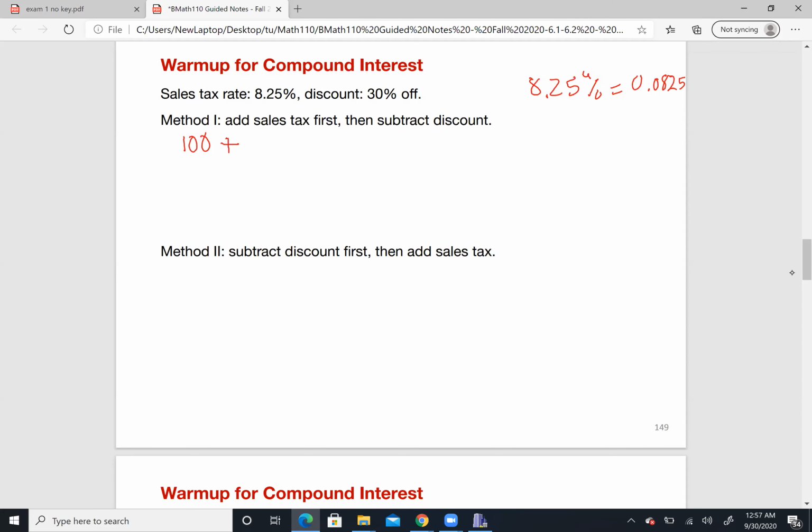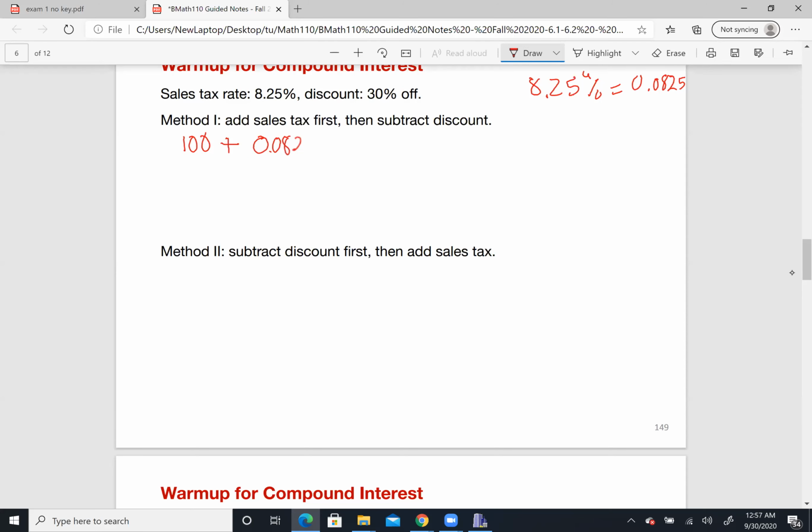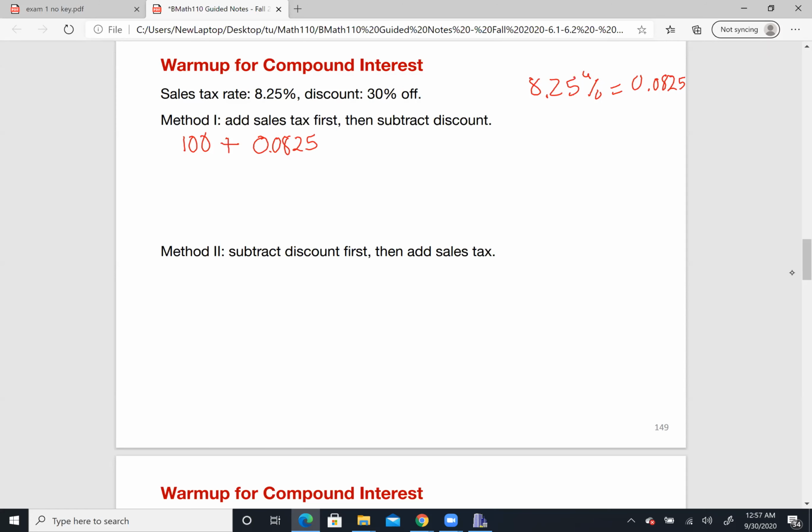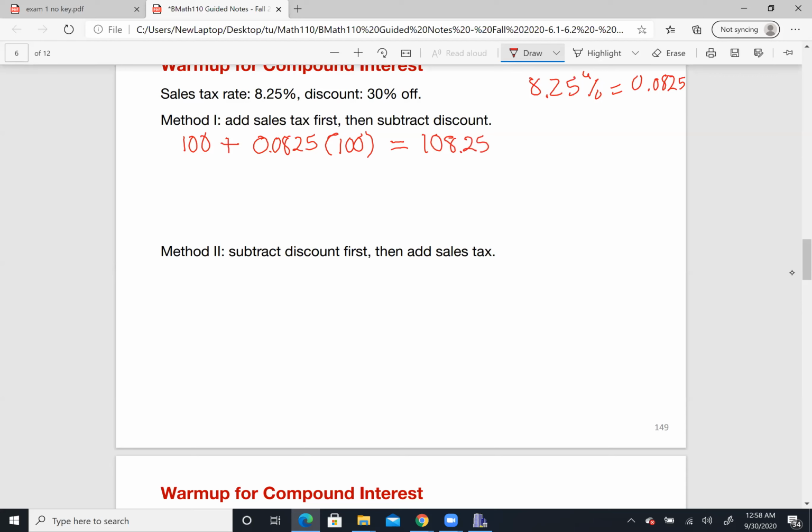Because you divide by 100 and you add this number. Don't forget that you are adding 0.0825 of $100. So you're adding this rate multiplied by 100, right? Then you're going to have 100 plus 8.25, which is 108.25. Okay.